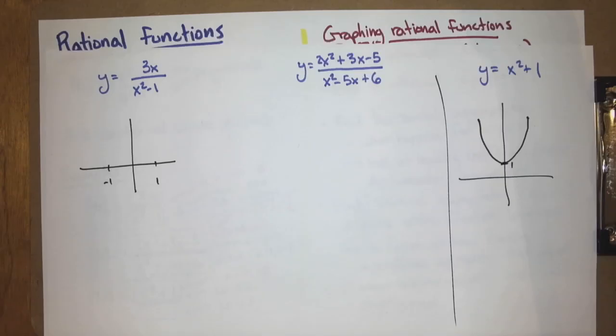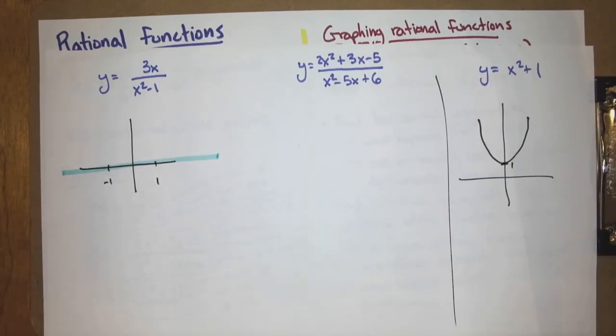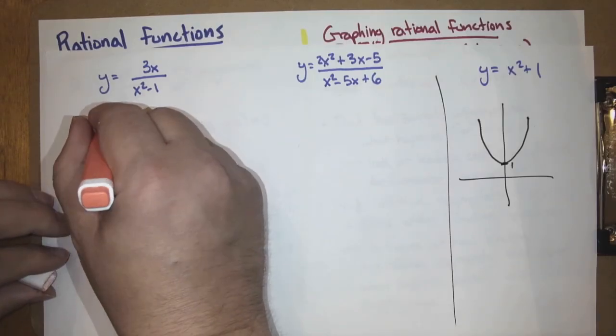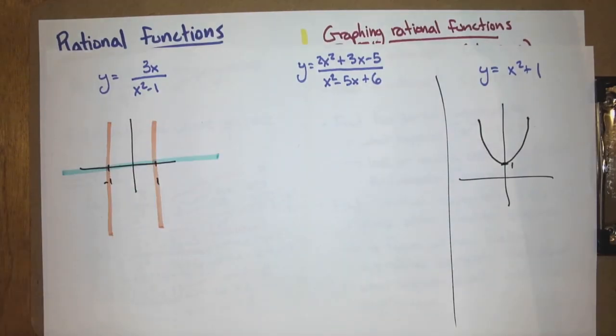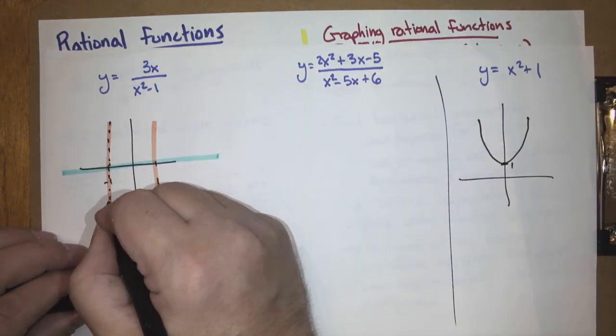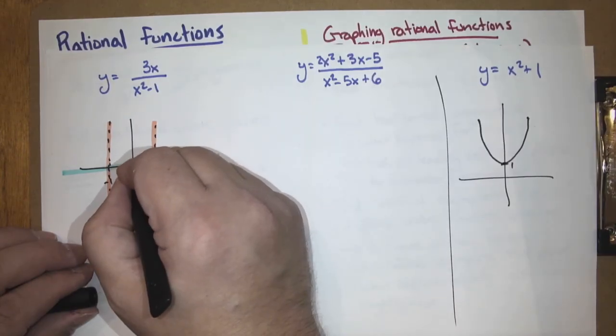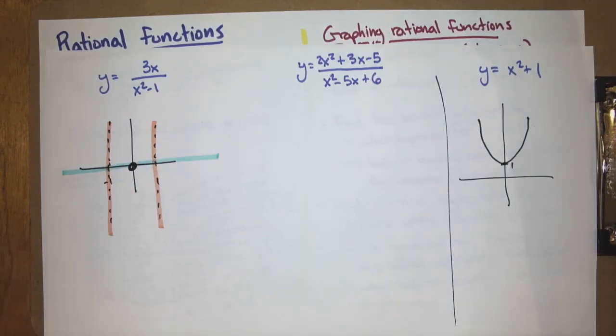We have a horizontal asymptote at 0, which really only kicks in for large values of x, but then we have these vertical asymptotes at minus 1 and plus 1. Oftentimes when we mark these vertical asymptotes, we put little dotted lines. And we know we cross there at x equals 0. So how can we graph this function?